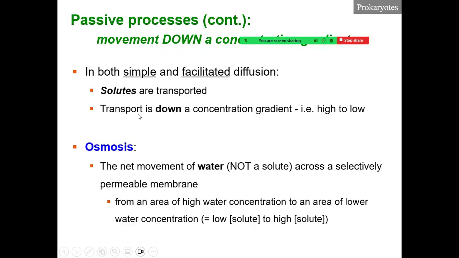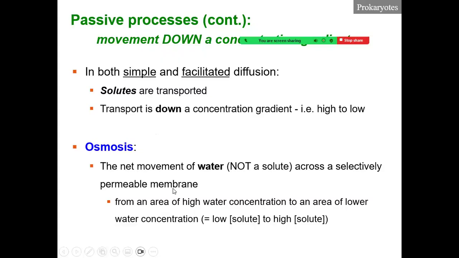But water is not a solute. Water is a solvent. And osmosis is always when water, the solvent, moves across a membrane. And it always moves passively from areas of high water concentration to areas of low water concentration. Any questions about osmosis?